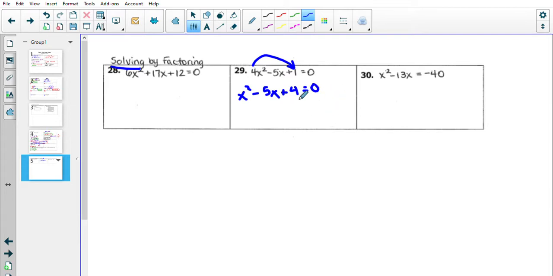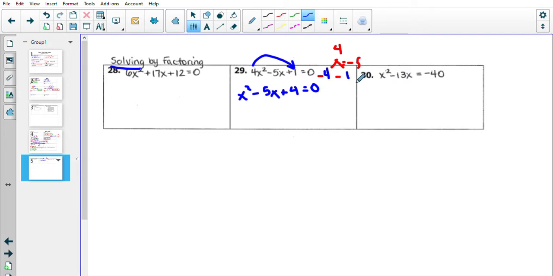All right, so now we're looking for what 2 numbers multiply to give us a positive 4, but add to give us a negative 5. And now we have the situation where the multiplication is positive and the addition is negative, and the only way that can happen is if both of these numbers are negative. The only two numbers that multiply to 4 but add to 5 are 4 and 1.